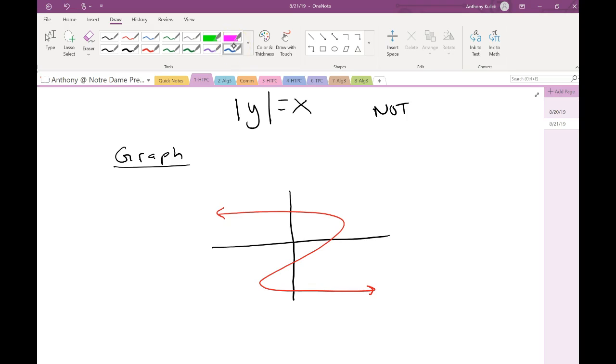Is this a function? No. Why not? Yeah. It fails the vertical line test. What the vertical line test says is, if there's any vertical line I can draw that intersects the curve more than once, it would not be a function.